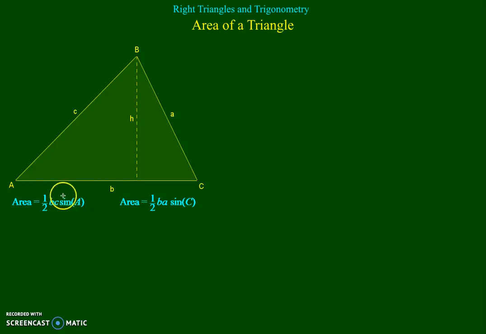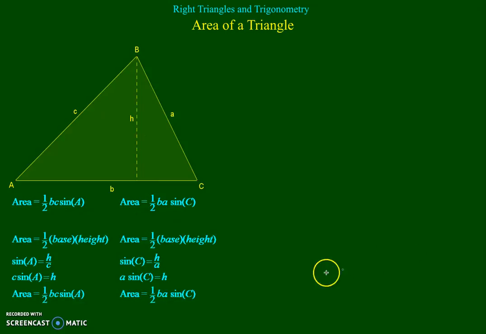Now, if we want the area of this triangle, we know that it's going to be 1/2 the base times the height. So the base in this case is b, and the height is h. But if we're not given this directly, we may have to find it. For example, if we're given this side and the base, we would have to use a trigonometric function to find that height.